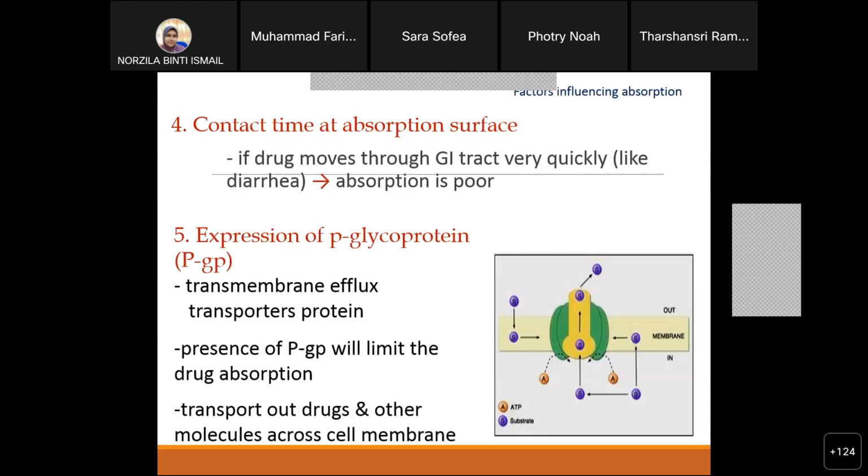In placenta, it transports the drug back into maternal blood and reduces fetal exposure to drugs. Okay, dia nak lindung baby daripada diekspos kepada dadah berbahaya. And then in brain capillaries, it pumps drugs back into blood to limit the drug from accessing the brain.